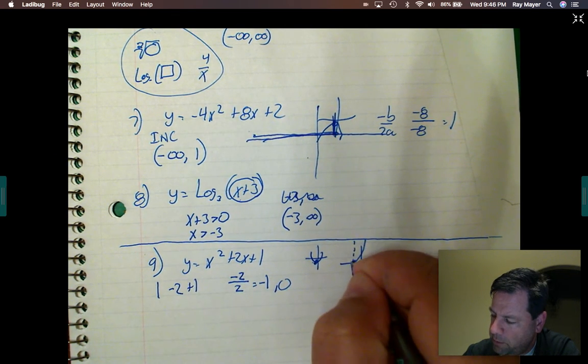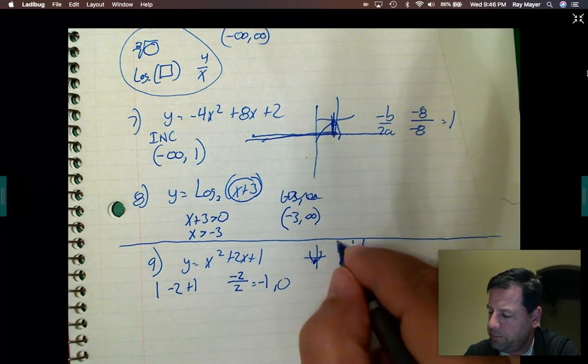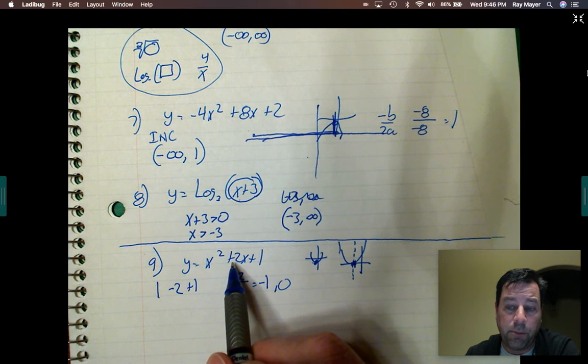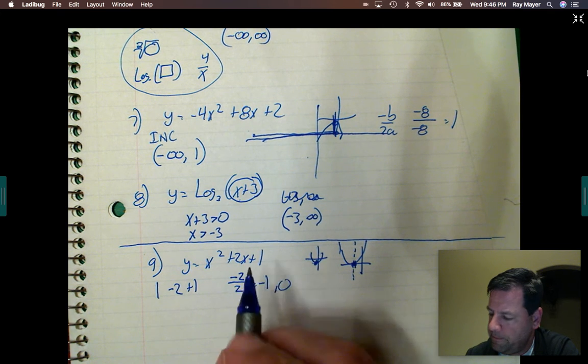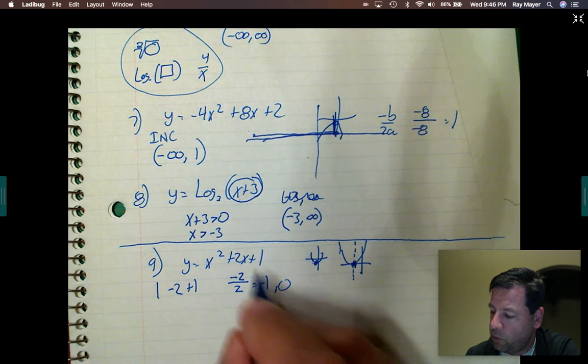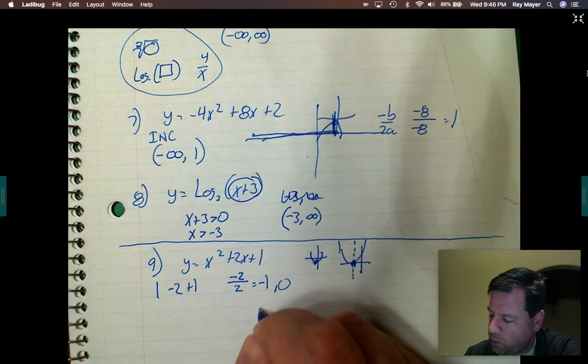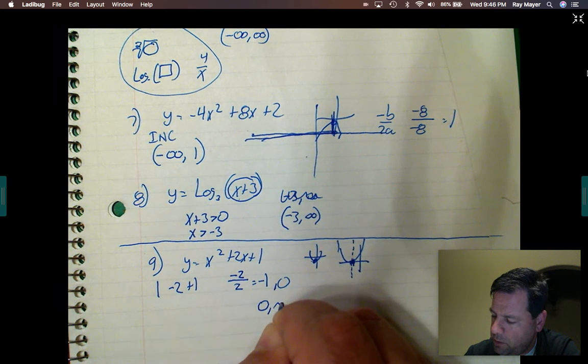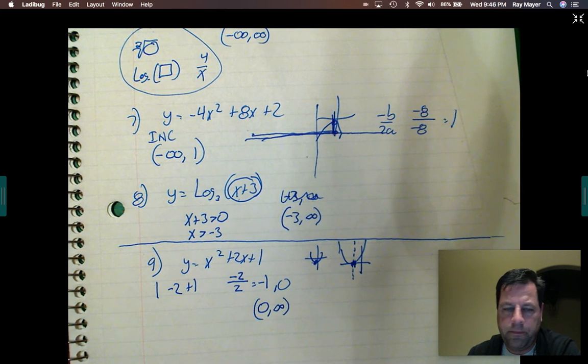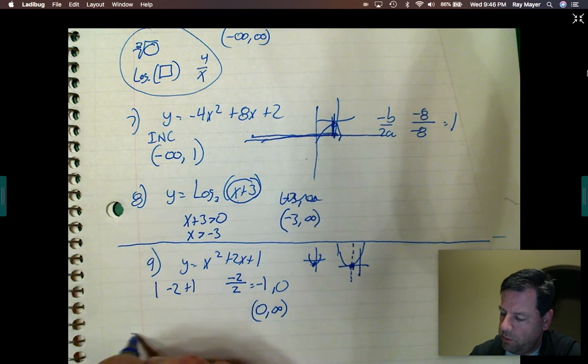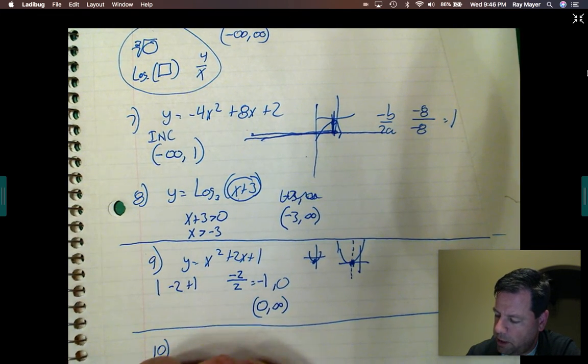There it is, right there, because that factors into x plus 1, x plus 1. All right, so the range goes from 0 to infinity.